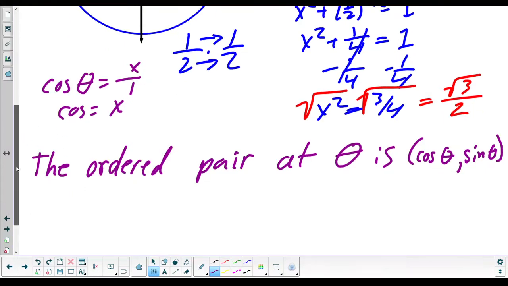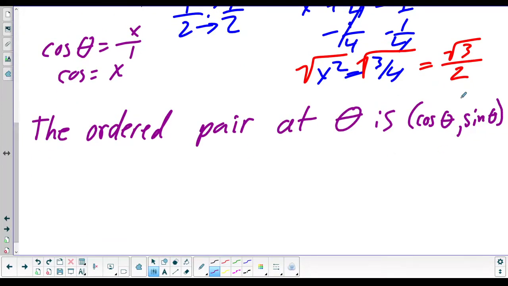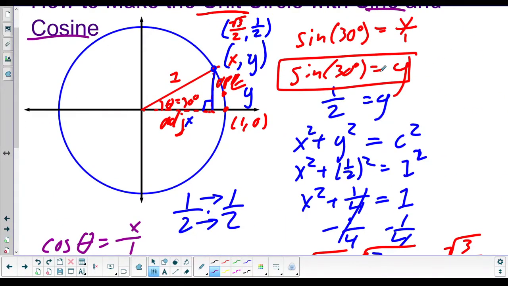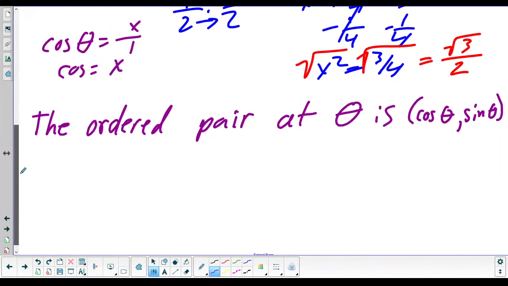The reason that cosine equals x and sine of theta equals y is because it is a unit circle. Because our hypotenuse is 1, the hypotenuse part kind of cancels because dividing by 1 doesn't do anything. So you want to remember for the rest of your life, x goes with cosine, y goes with sine.